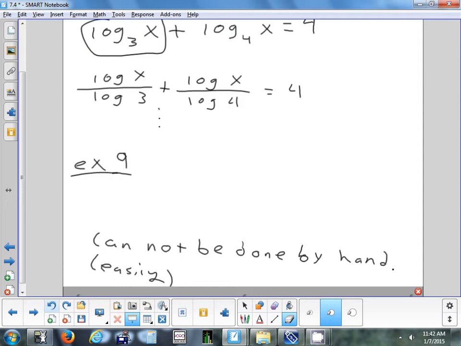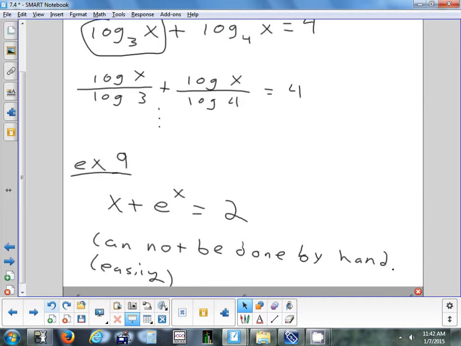If you got rid of that variable, this is also easy to solve because I could just change it from log form to exponential, or exponential to log form. But the problem is I have an x in both spots. So that's something we can't solve easily by hand, and even in my pre-calculus class I don't explain how to solve that by hand. But there's a different way we can solve it.